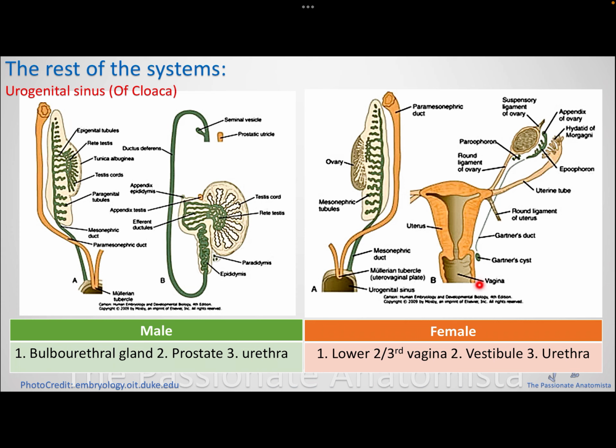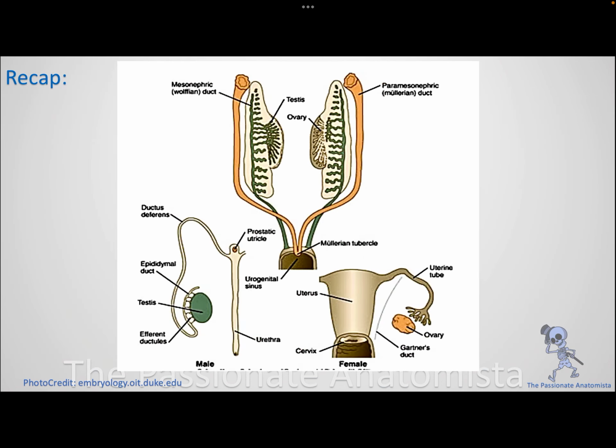So here we completed the whole story, showing you early development, how the urogenital sinus was meeting the paramesonephric ducts, and with further development, canalization of the vagina, they will start to become continuous together, to complete the whole story.